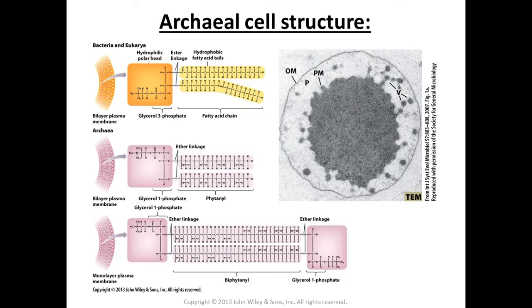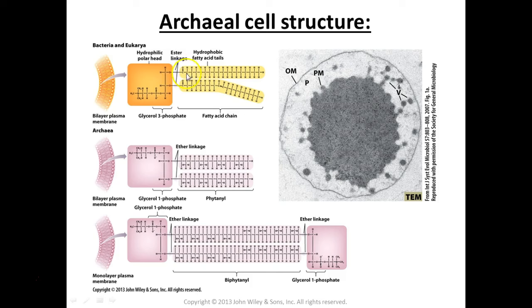And then when we look closer, some of them form this monolayer, which makes sense. They won't come apart easily when it's really hot. But then when you look at this phosphate group, and the one down here, look, they're flipped. They're in the opposite direction.